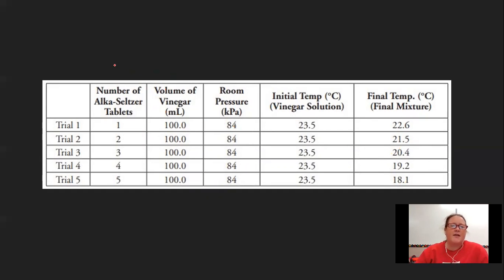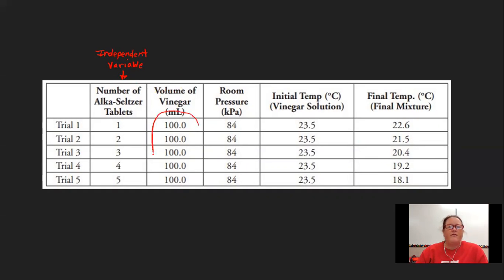So in this case, the researcher was controlling the number of Alka-Seltzer tablets. So this is what I'm controlling, which makes the number of Alka-Seltzer tablets the independent variable. All right.